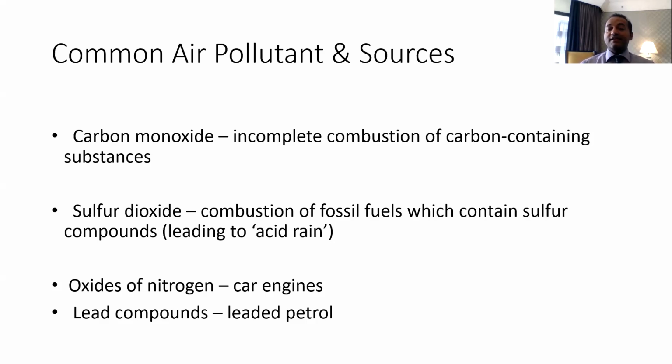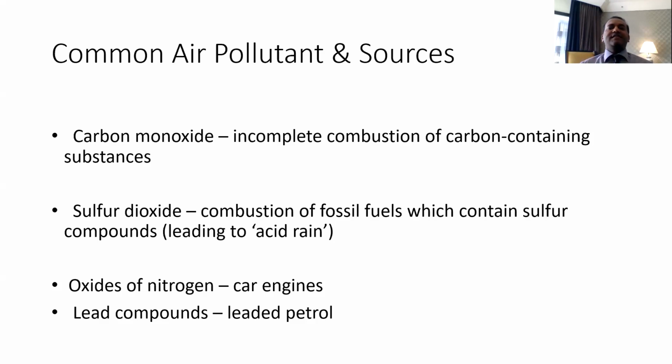Then the third one, oxides of nitrogen. Again, we have the idea of the car engine. In the car engine, the fuel is burned to produce carbon dioxide or in some cases carbon monoxide. When air is taken into this engine, as you can remember, air contains only 21% oxygen, which is used for the combustion process.